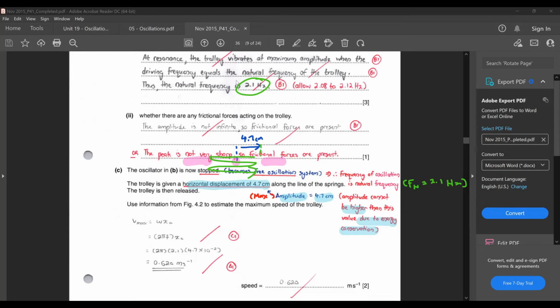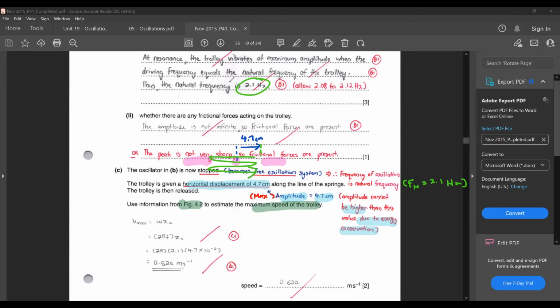All right. So here, why do you need to know all this is because of what they say after that. Use the information from figure 4.2 to estimate the maximum speed of the trolley. How do you find out the maximum speed of your trolley?